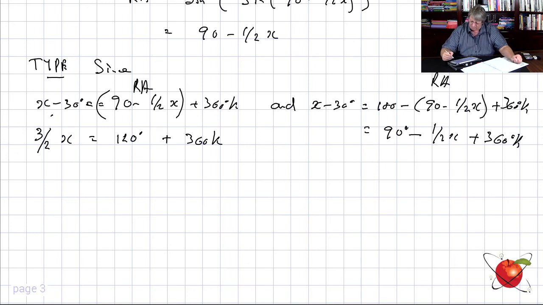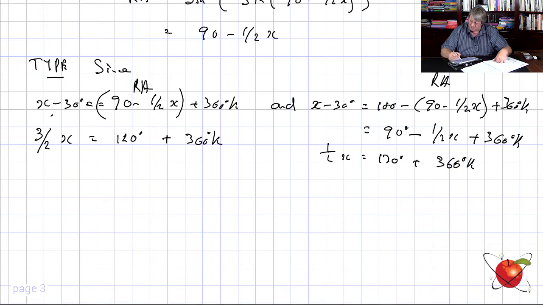Excuse me that I often leave out the degree sign. Then I'm going to take that to the other side. Therefore, x is going to be equal to, and that becomes a half x. Just make it nice and tidy. Therefore, a half x is going to be equal to 120 plus 360 degrees k.